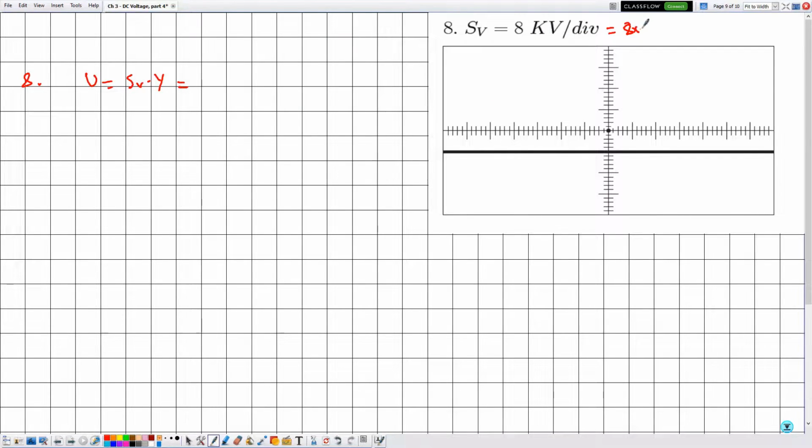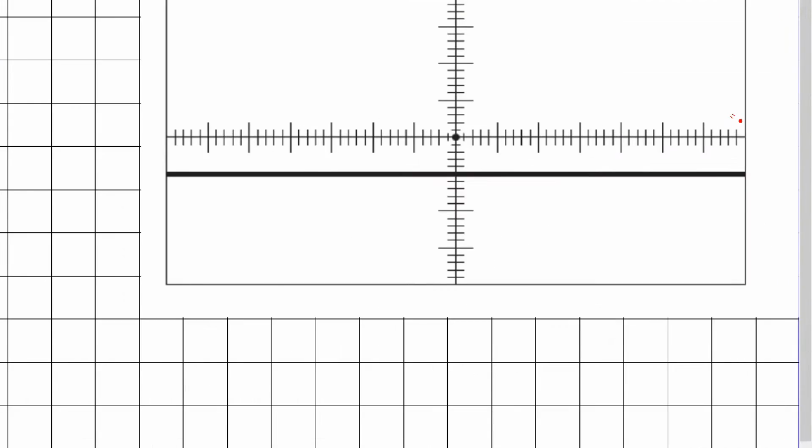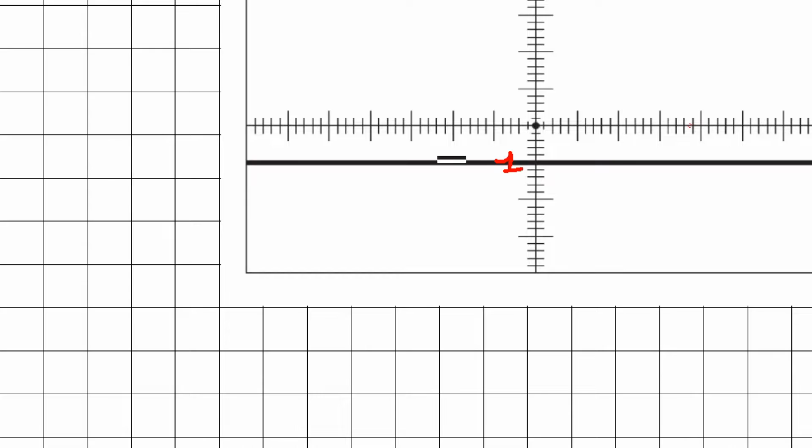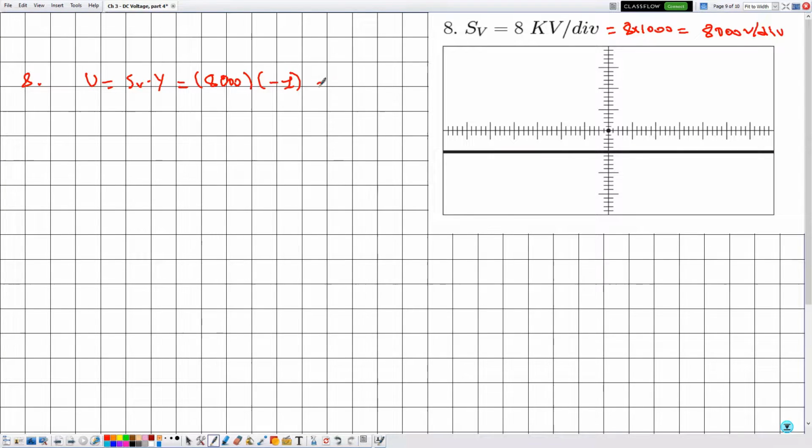Then 8 multiplied by 1000 is given by 8000 volts per division. Now as for the value of Y, notice that Y is displaced downward, so it's given by a minus sign, and the number of divisions is given by 1. So this is given by minus 8000 volts. Then U is equal to minus 8000 volts.